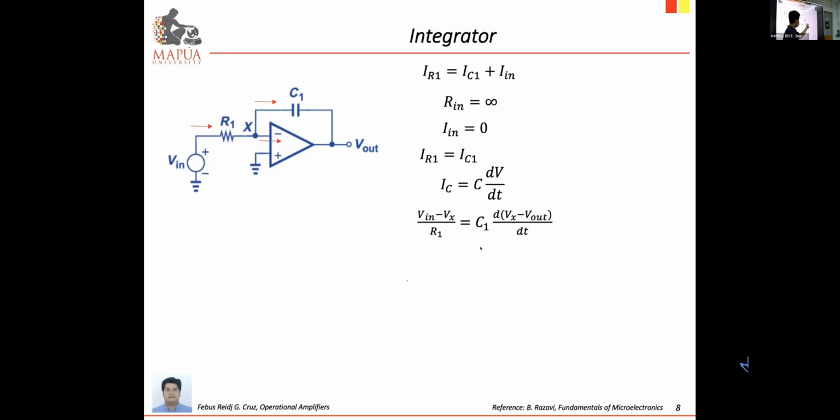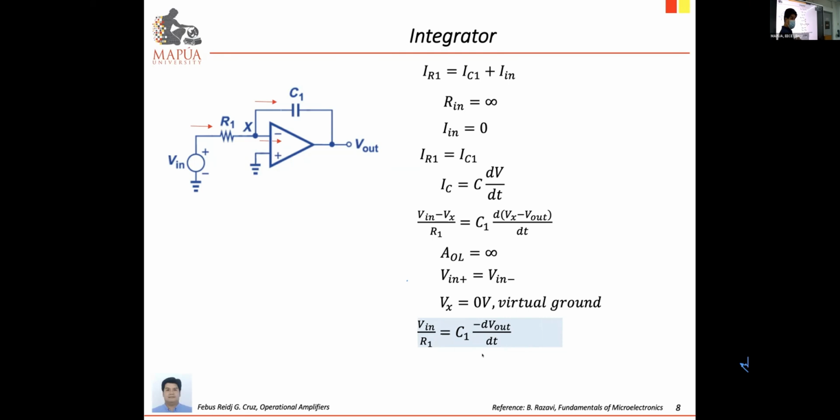So delta of the quantity Vx minus Vout divided by dt. And with AOL equal to infinity, again, the voltage at the non-inverting equals the voltage at the inverting. And since one of the input is grounded, the other node will be virtually grounded. So applying the 0 on the Vx, we get this equation. So Vin over R1 equals capacitance C1 times the change in output voltage over change in time.